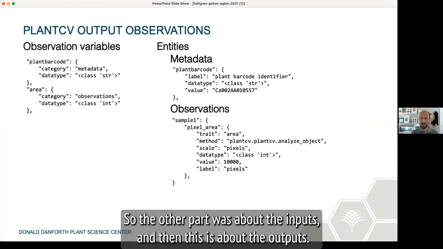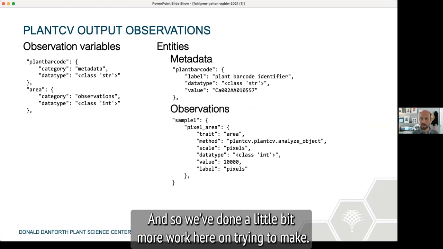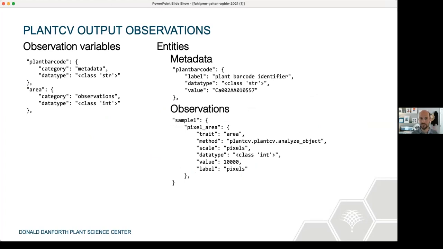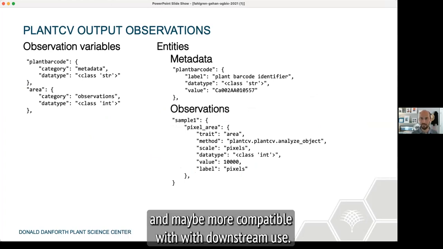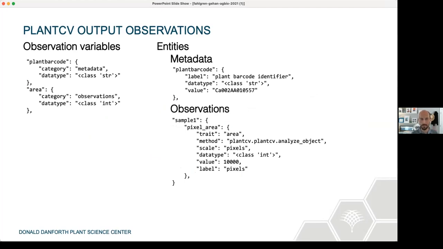So the other part was about the inputs, and this is about the outputs. We've done a little bit more work here on trying to make PlantCV outputs more standardized and maybe more compatible with downstream use.